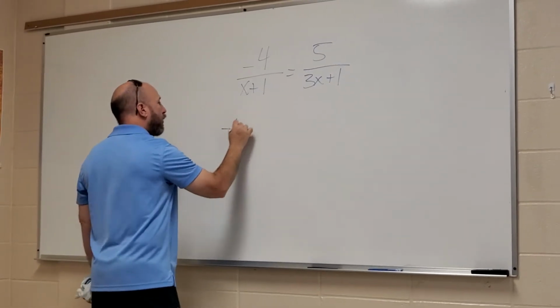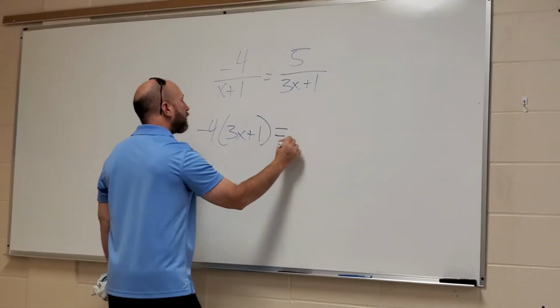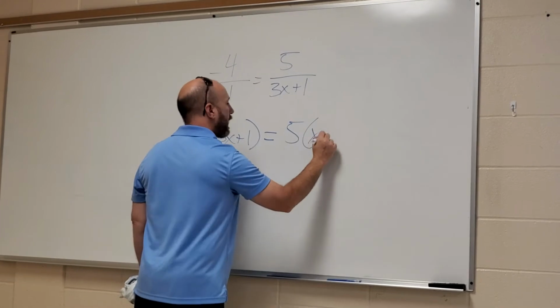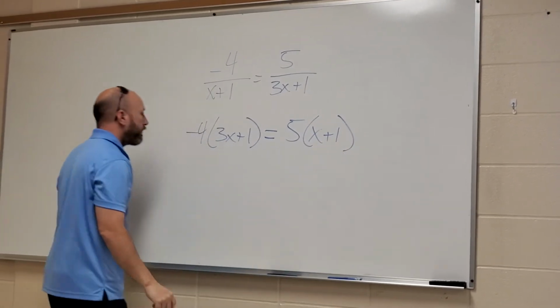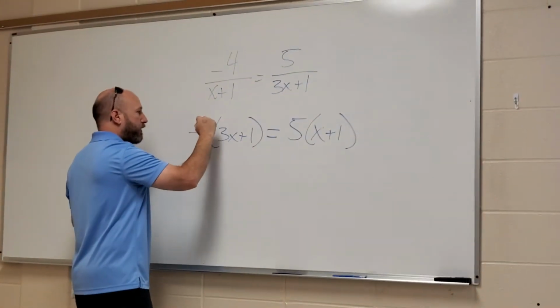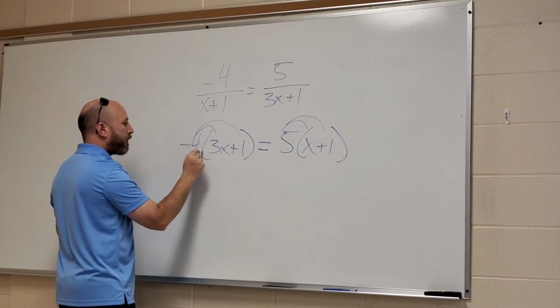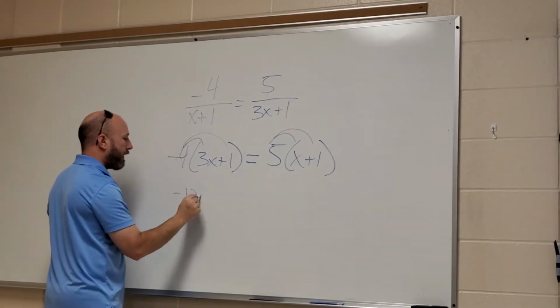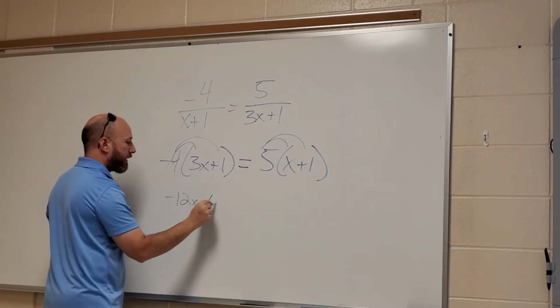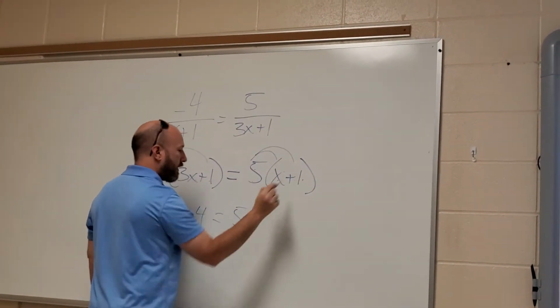So negative 4 times 3x plus 1 equals 5 times x plus 1. Okay? So now just distribute your numbers in. So negative 4 times 3x is negative 12x. Negative 4 times 1 is negative 4. 5 times x is 5x. And 5 times 1 is 5.